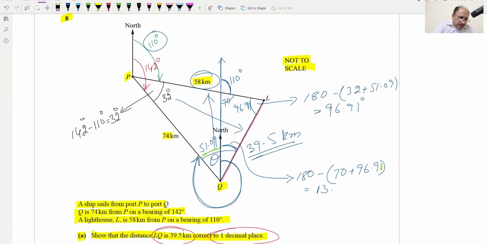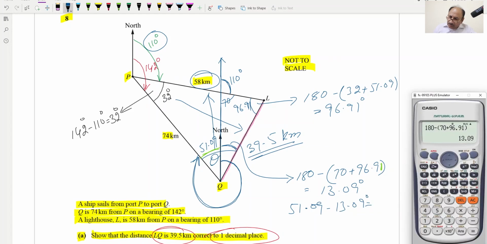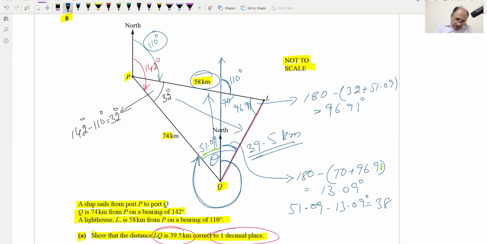Basically this is 13 point, we can rewrite it as 13.09 degrees. So remaining angle will be 51.09 minus 13.09 degrees, and this will be equal to 38. So this remaining angle, which is shaded in this green color, is basically 38 degrees.